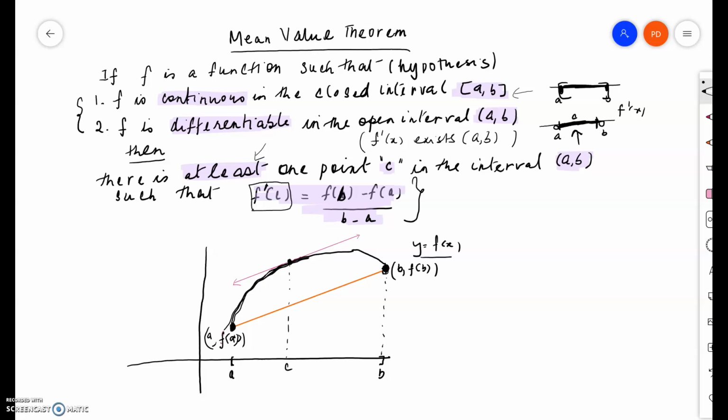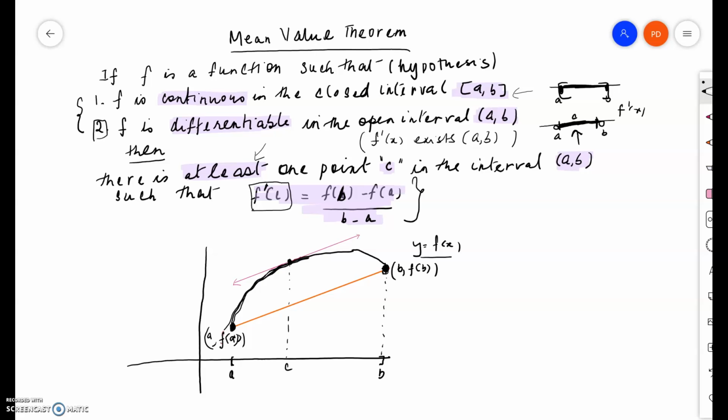And the second condition says that the function is differentiable in the open interval (a, b). It doesn't have to be differentiable at the endpoints, but it should be differentiable everywhere in the interval (a, b), which means that f prime of x, the derivative, exists in the open interval (a, b).